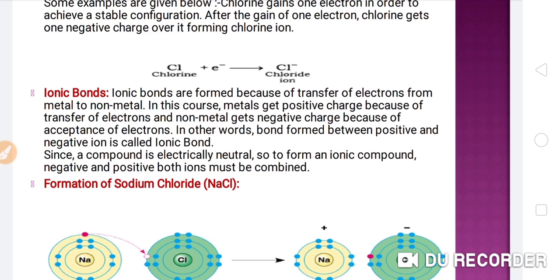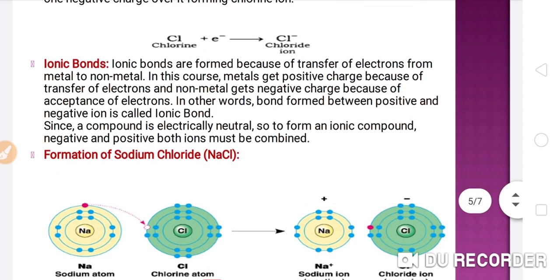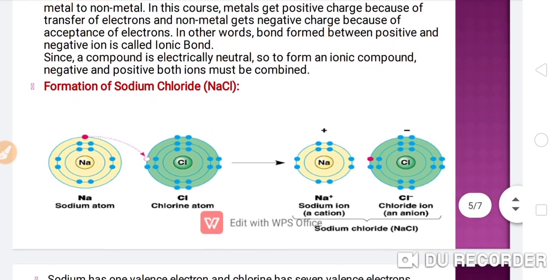Like sodium has lost its electron and chlorine has gained the electron, okay. Similarly, in other words, the bond formed between the positive and negative ion is called the ionic bond. Since a compound is electrically neutral, to form an ionic compound, both negative and positive ions must be combined, okay. So this is the ionic bond.